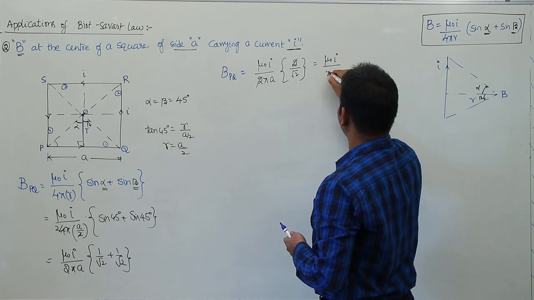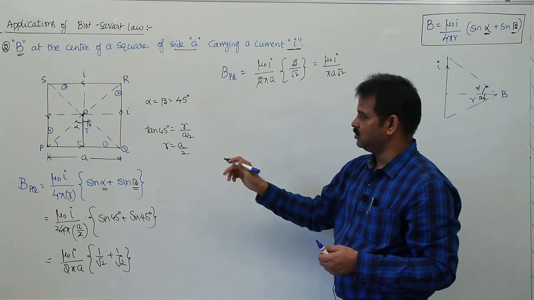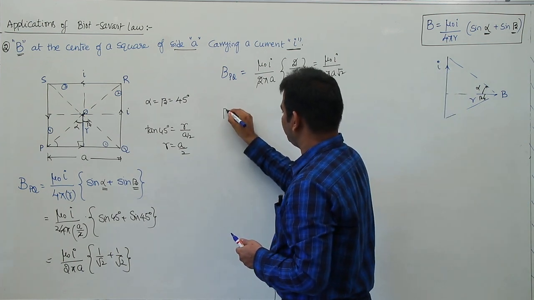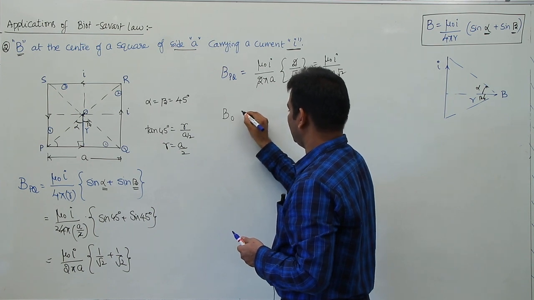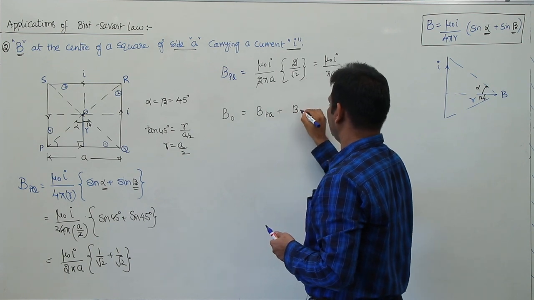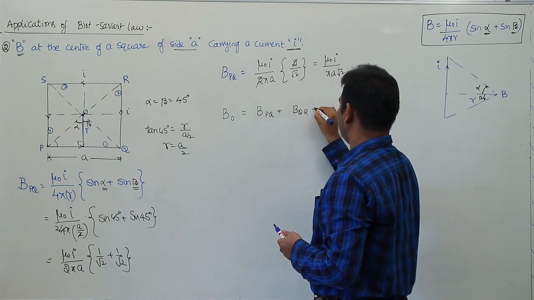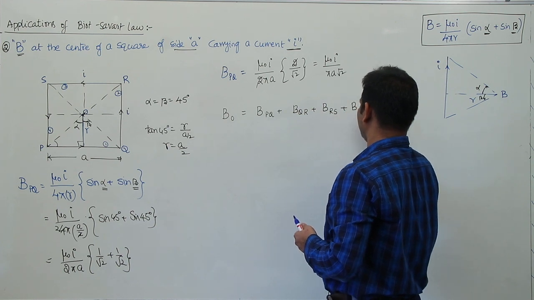Mu naught I by pi a into root 2. So this is the magnetic field due to one side. But I want the magnetic field due to the entire square at its center, which is given by magnetic field due to PQ, magnetic field due to QR, magnetic field due to RS, magnetic field due to SP.